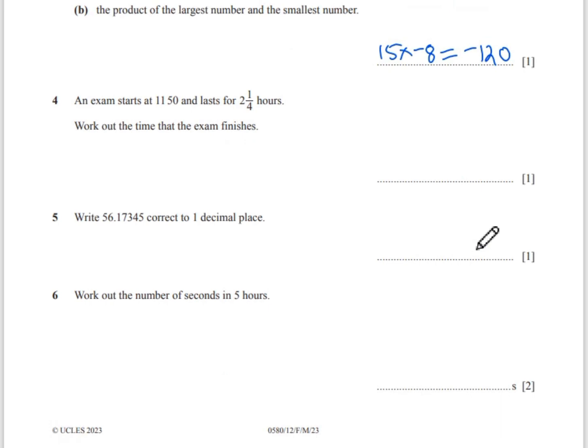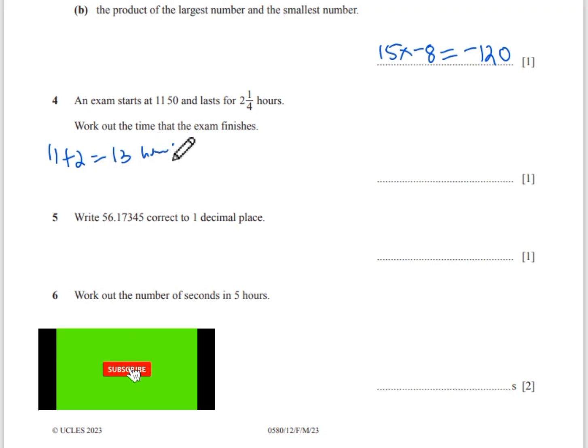Now question number 4 says an exam starts at 11:50 and lasts for 2¼ hours. Work out the time that the exam finishes. Let's sum up the whole numbers. The whole numbers here are 11 and 2, so 11 plus 2 is 13 hours.